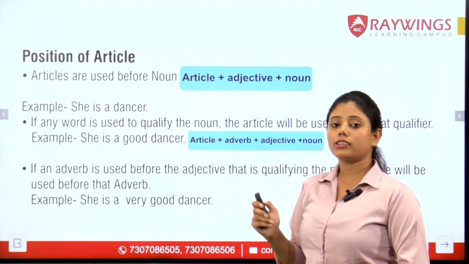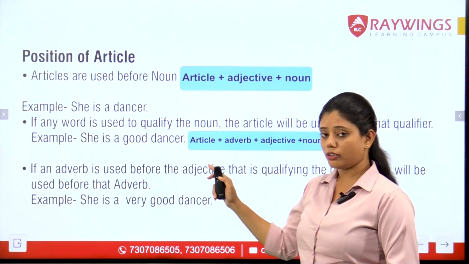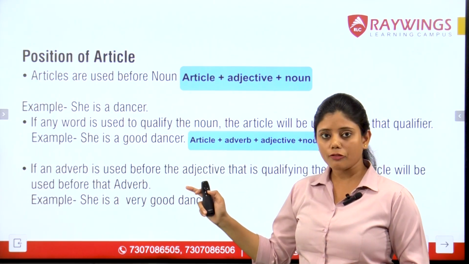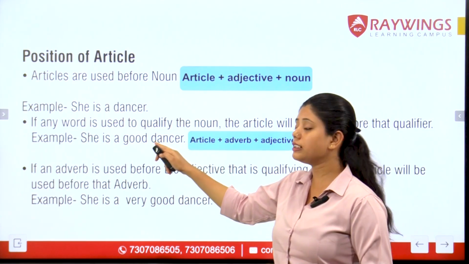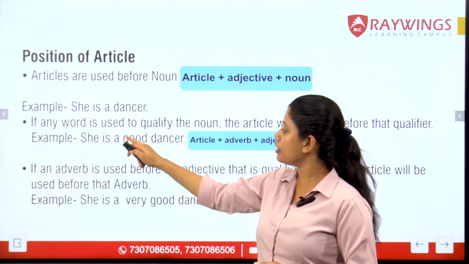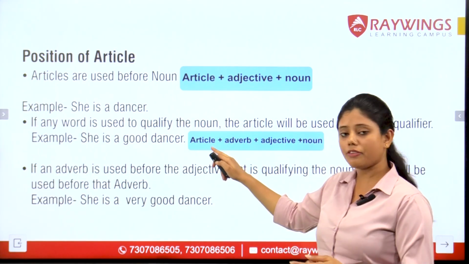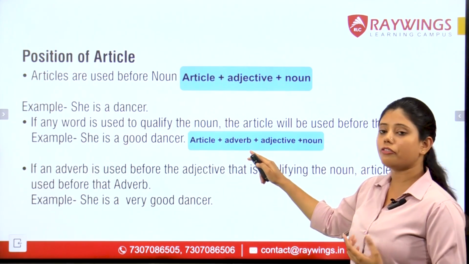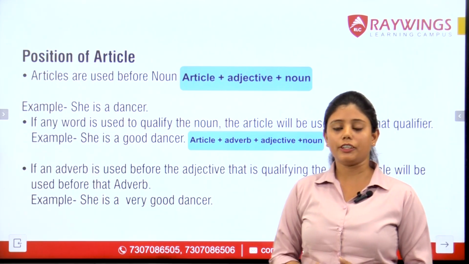Example, she is a good dancer. Here our noun is dancer, but we are adding more information to the word dancer by putting an adjective, that is good. Therefore, we will use the article before good. That is, firstly we will use the article, then we will go for the adjective, and then the noun. I hope this is clear to you all.